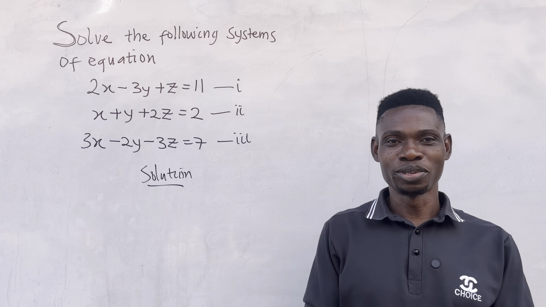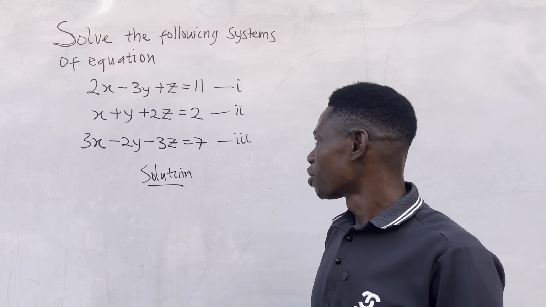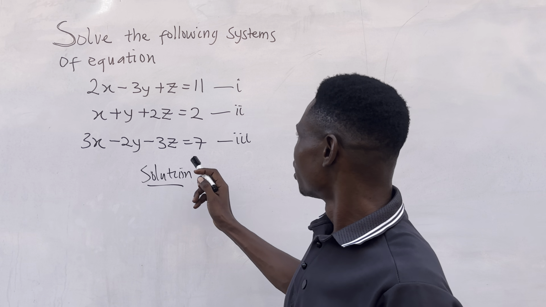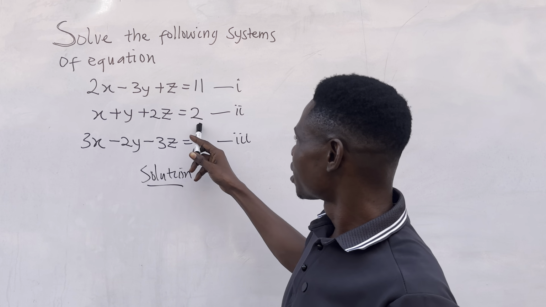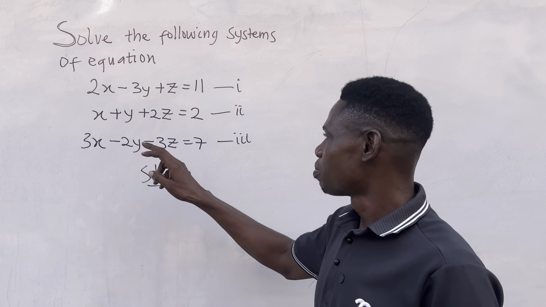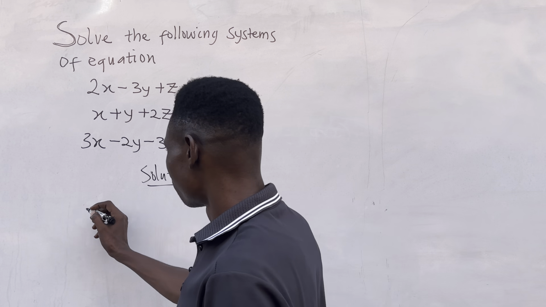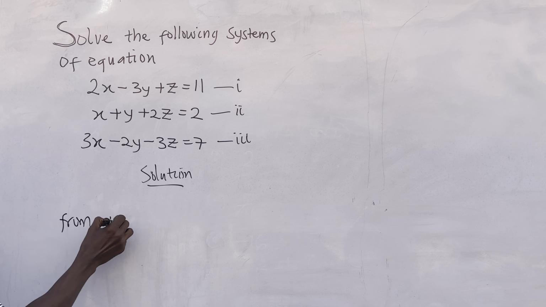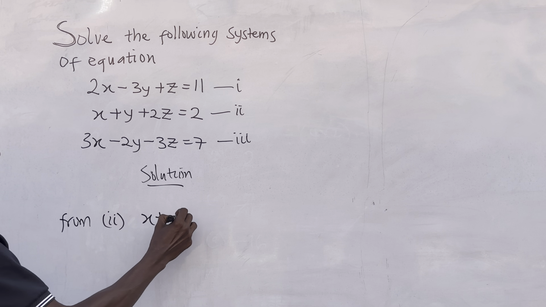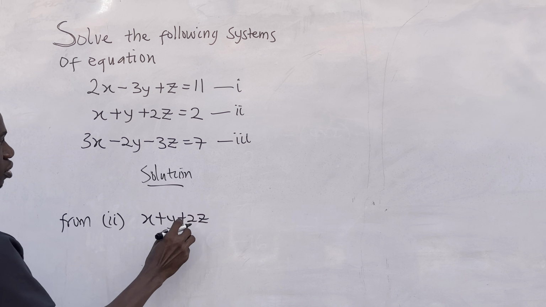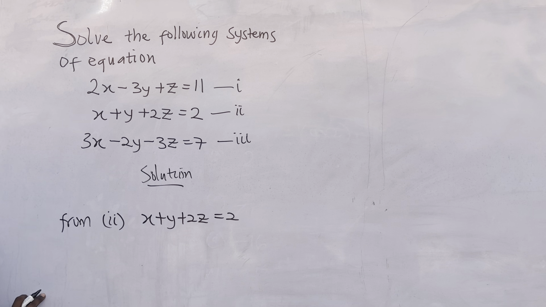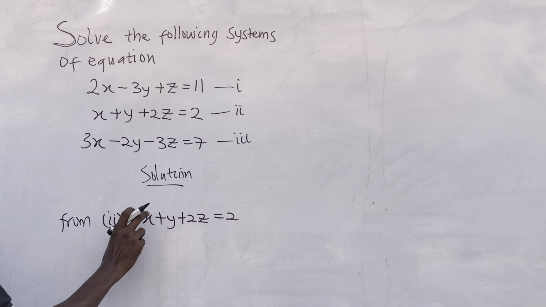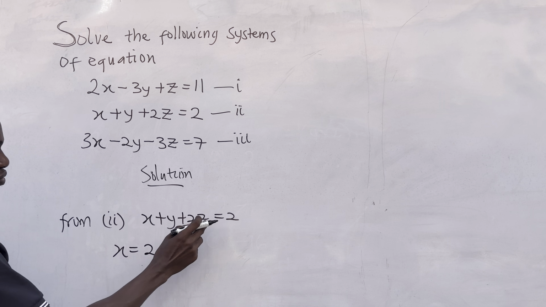Yeah, I know this is a long story. Let's show it in action. So, for me, equation 2 is the easiest. You have x and y. So let's pick equation 2. From equation 2, that says x plus y plus 2z equal to 2, we can say x equal to, let's make x the subject, so we'll have 2 over here.